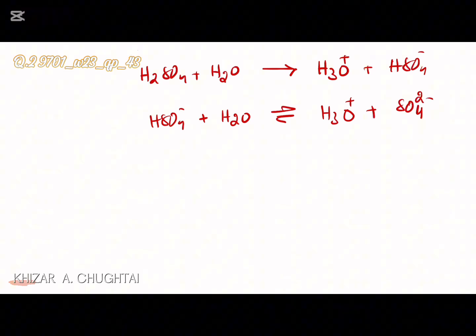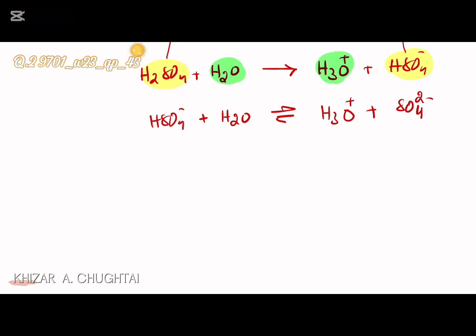In the first step, this sulfuric acid is the conjugate acid, and here is its conjugate base. Basically, a conjugate acid-base pair is generally a pair that differs by a hydrogen ion. This pair is a conjugate acid-base pair because they differ by H+. Then this is the conjugate acid-base pair.